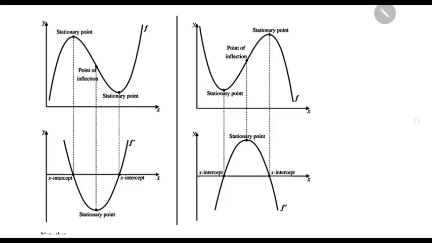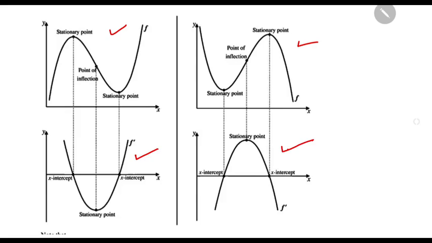Remember, this is the positive cubic graph, and this is the negative cubic graph. The first derivative of a cubic graph is a parabola. You can see this is a happy parabola, and this is a sad parabola.